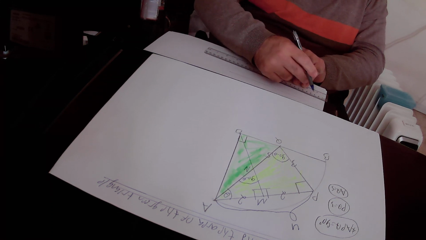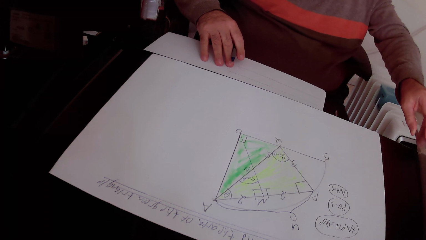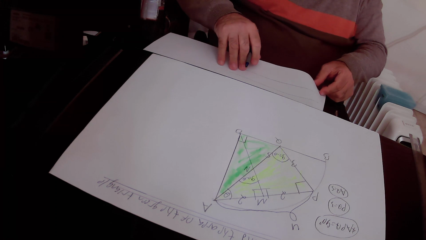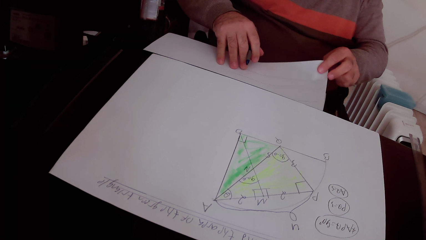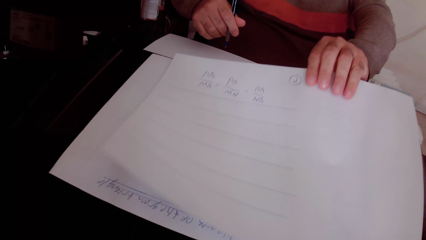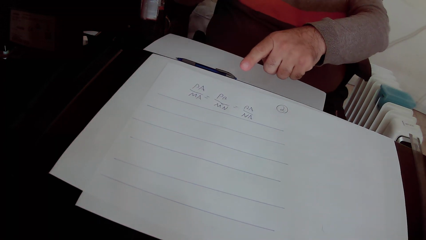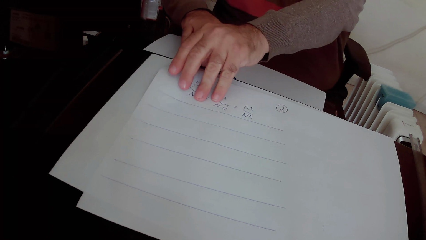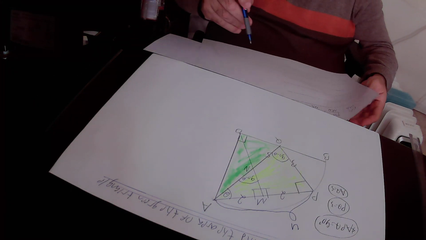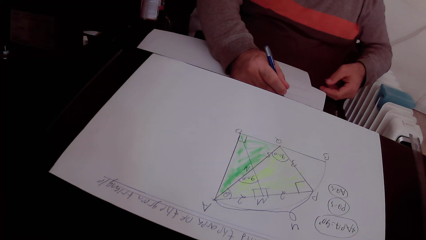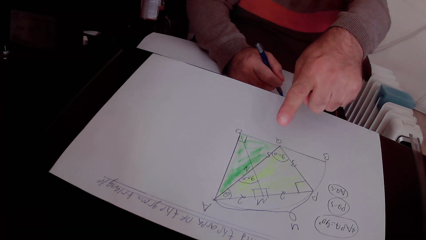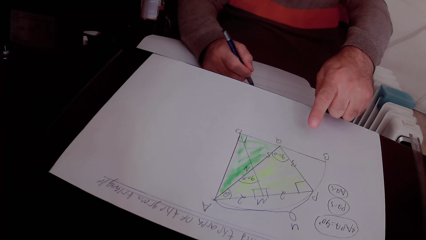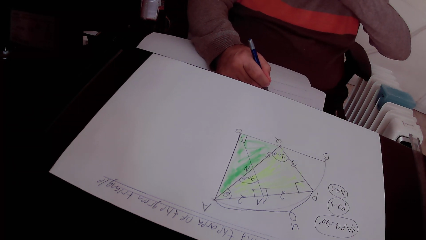I repeat again, from the fact that the two right triangles are similar to each other, we will conclude that PA over MA equals PQ over MN equals QA over AN. PA equals 4 units over MA equals 2 units, and it is equal to PQ, which equals 3 units, over MN.